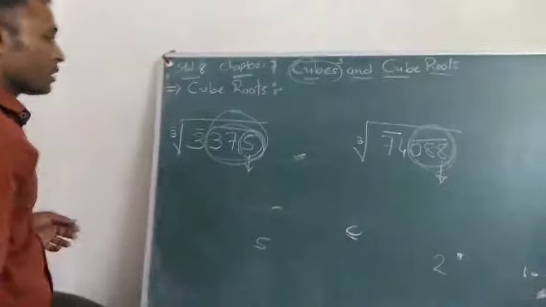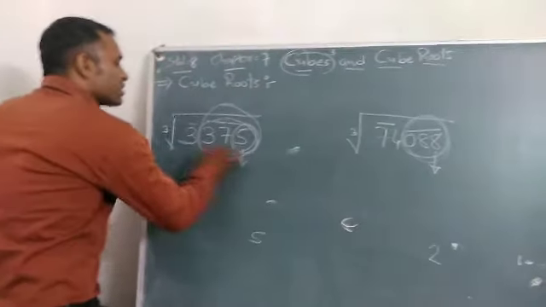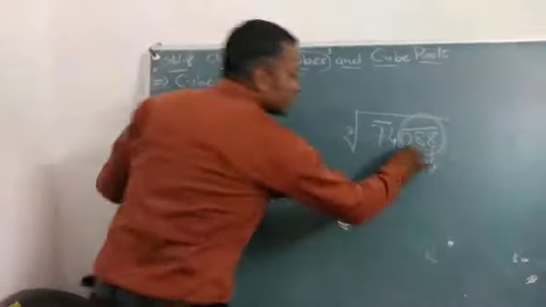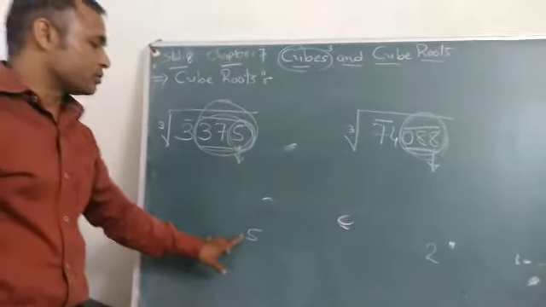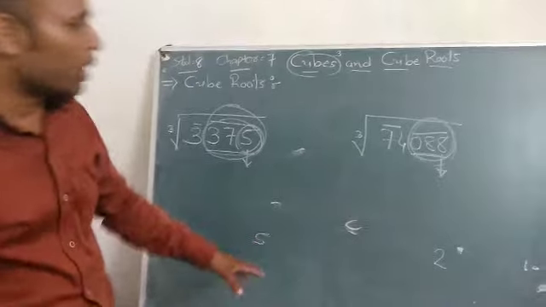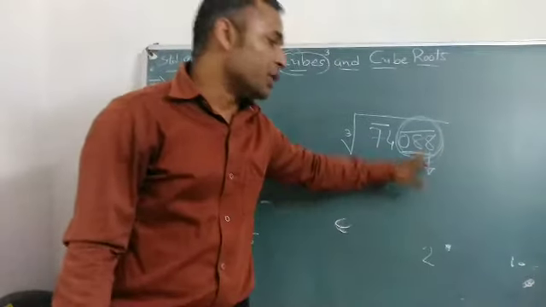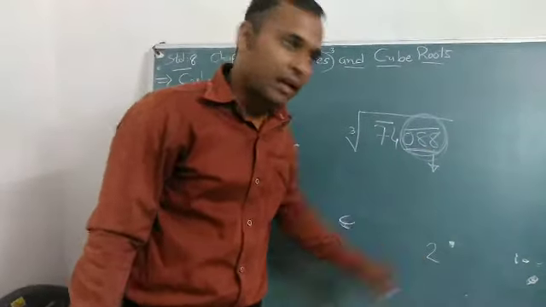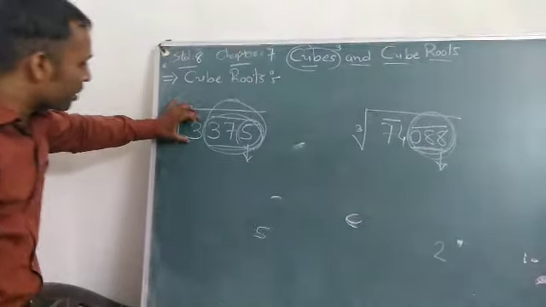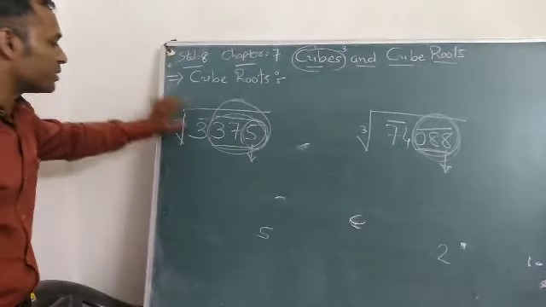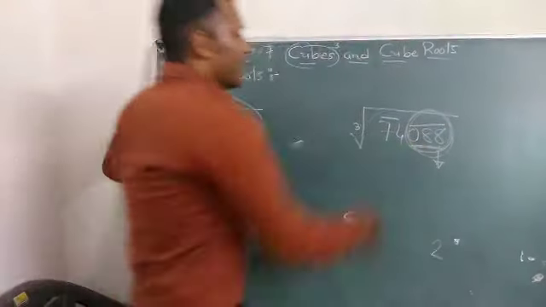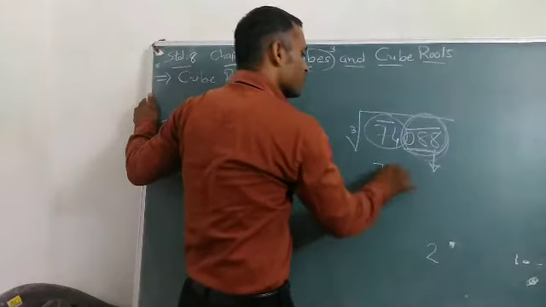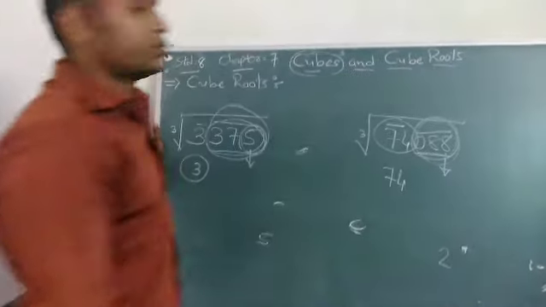Now this discussion is finished. Okay, unit place 5 gives 5, unit place 8 gives 2. Now focus on the left number. Left number is 3. Here the left number will be 74.